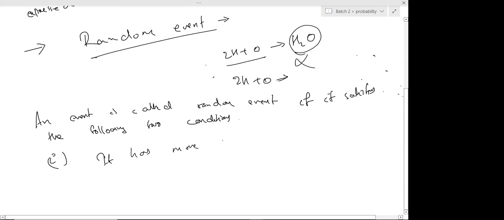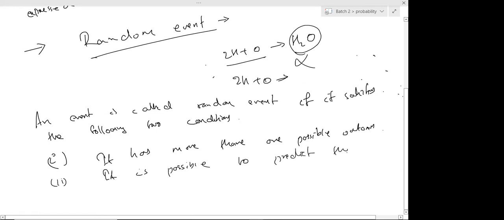It has more than one possible outcome. It is not possible to predict the outcome in advance. All right, note it down.